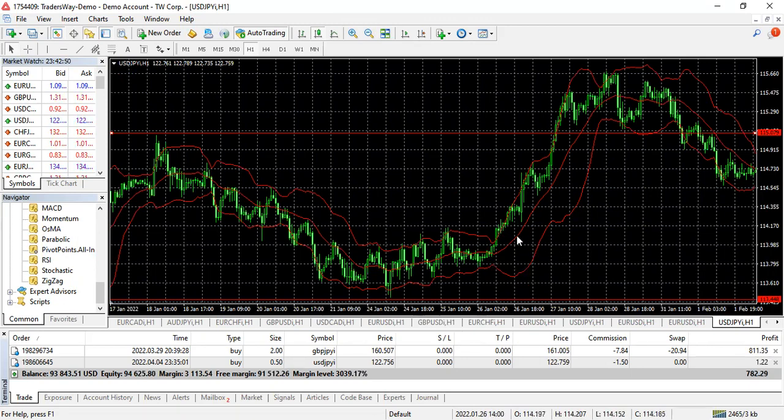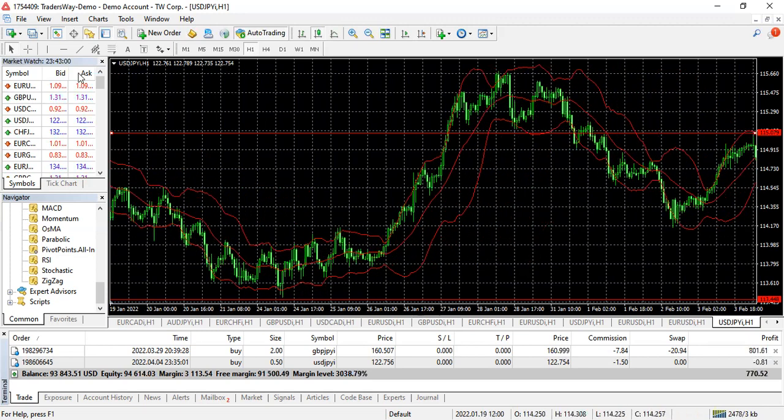From here we start having a trend, which means there is volatility in the market. So when you want to use Bollinger Bands to set your stop loss, you just place it above the band. That is using volatility.